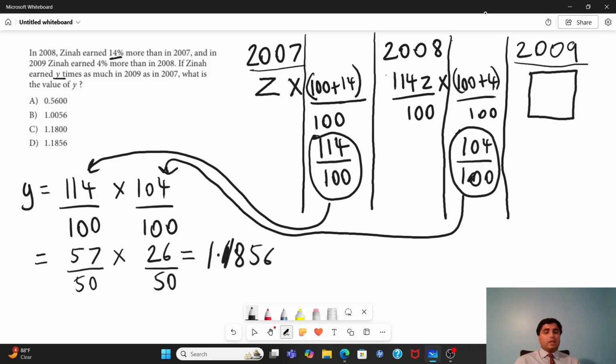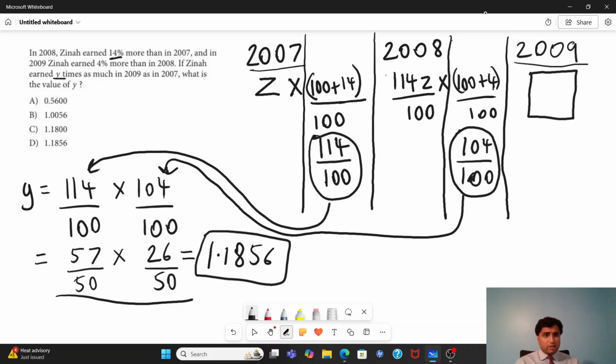Once you enter this multiplication into the calculator, you're going to end up getting 1.1856 as the final answer. Once again, this fraction right here, 26 over 50, is not fully simplified. However, once we enter this multiplication into the calculator, we get 1.1856 as our final answer.